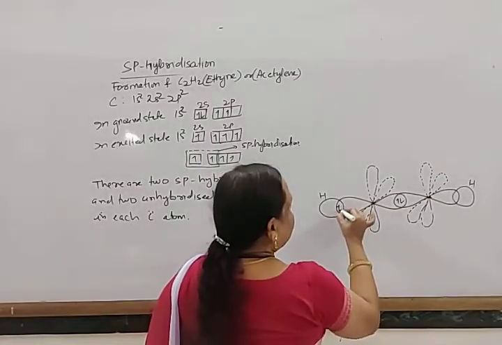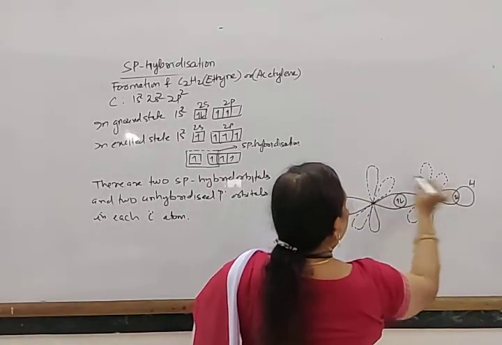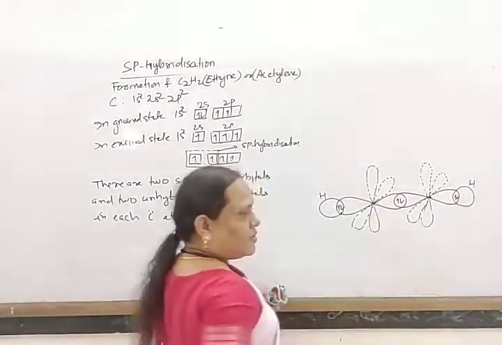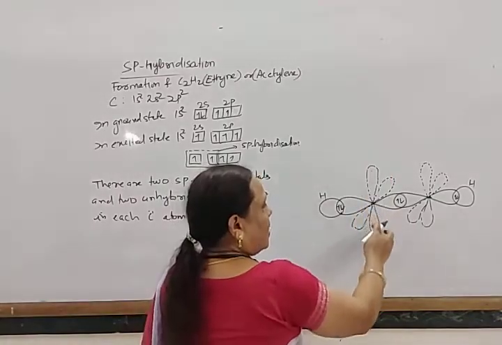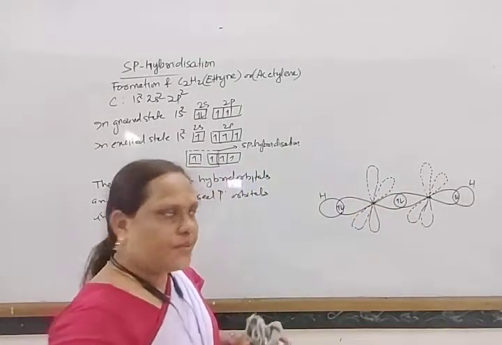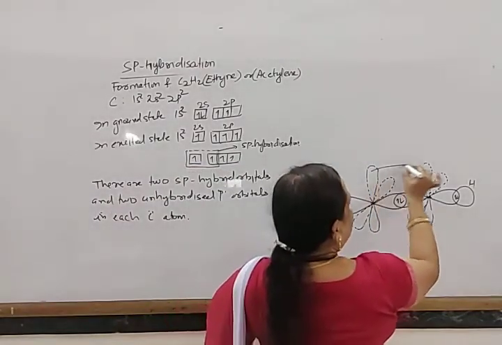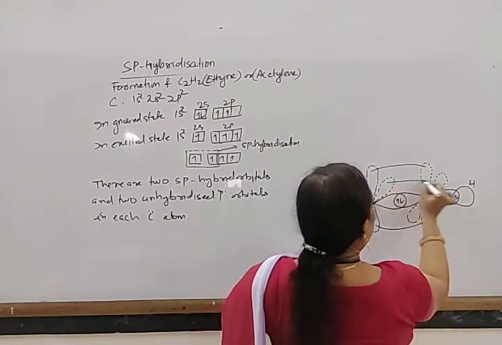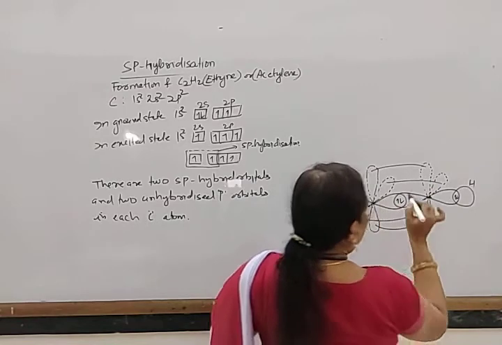And the unhybridized p orbitals: suppose this is px along the internuclear axis, and py, pz remain perpendicular to it. So px with px, py with py, and pz with pz overlap.